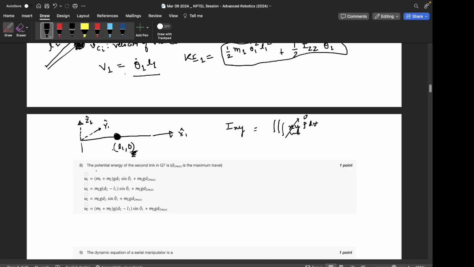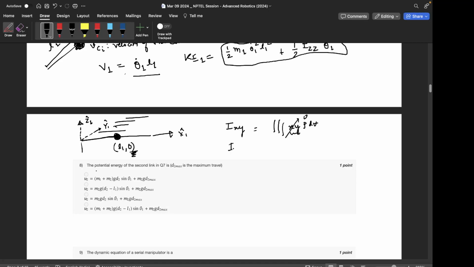There is no distribution. You can always think like there is no distribution here of the mass. The mass is only at a fixed distance L1 along the x1 axis. So terms involving y will also vanish. And what could be the other terms?